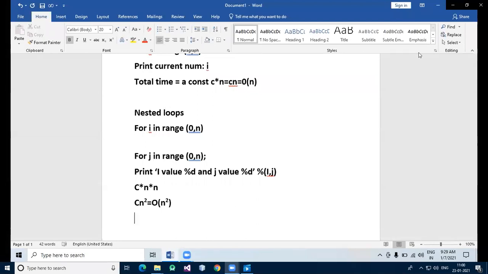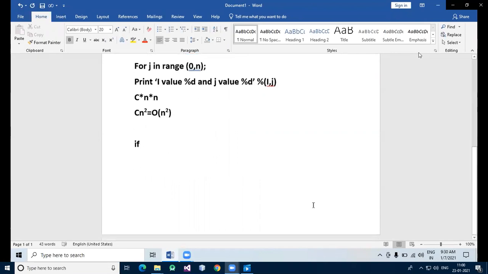Then the if-then-else statement. For the worst case running time, it is the test plus either the if part or the else part, whichever is larger.